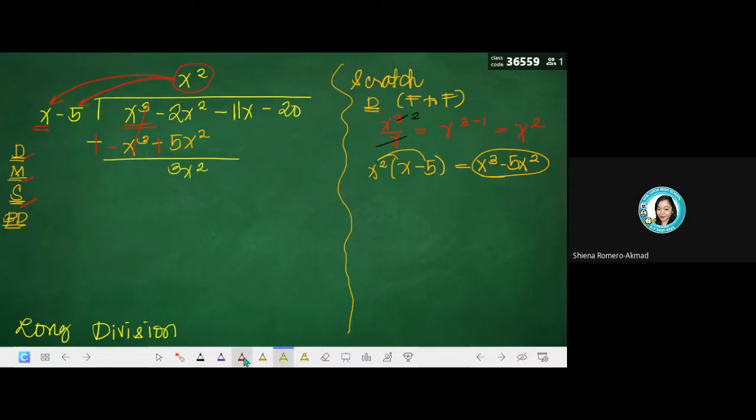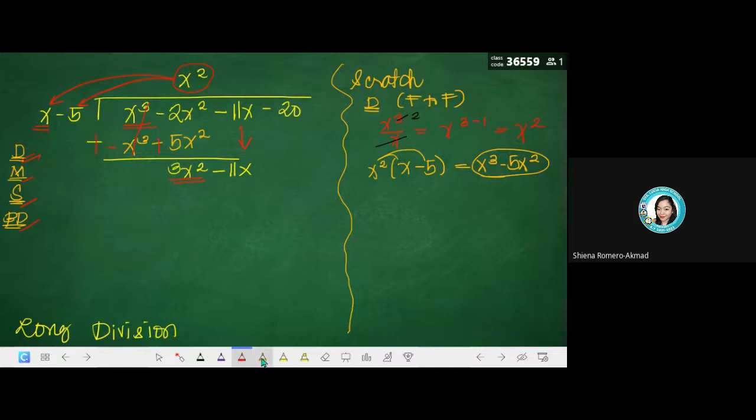Then, sunod natin gagawin is to bring down. So, ano yung bring down natin? You have here the 11, negative 11x. So, ulitin lang natin yung step. Tayo ay mag-divide. Kung nag-divide tayo, first term to first term ulit.